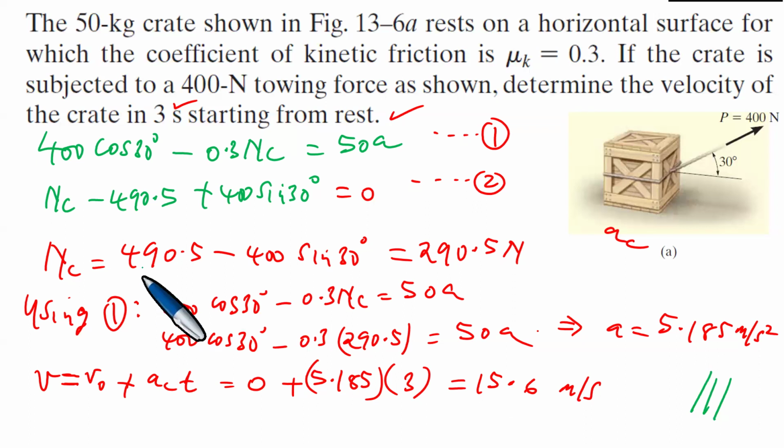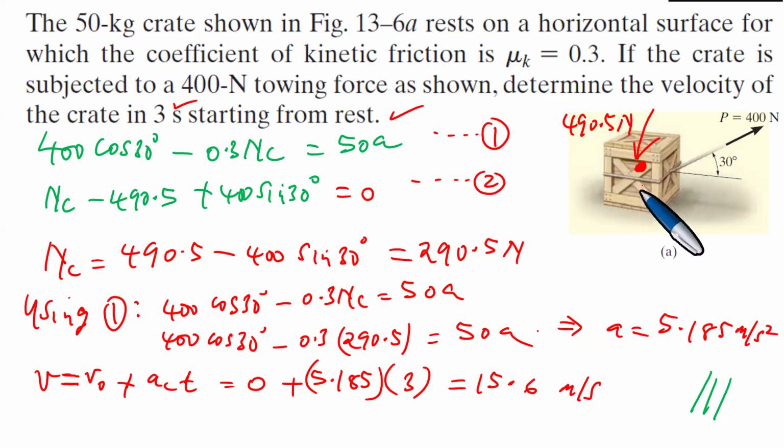Now, obviously, we've answered this question, and there are a couple of things that remain very important. If we take into account the fact that it is the crate that we have here, and this is its center, there is a downward force of 490.5 newtons.